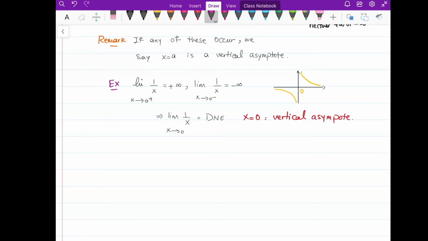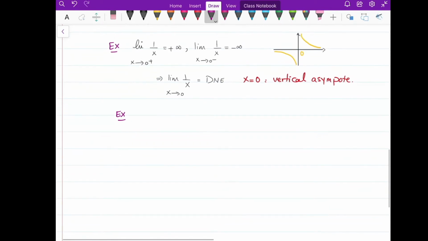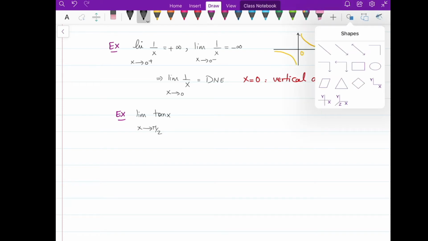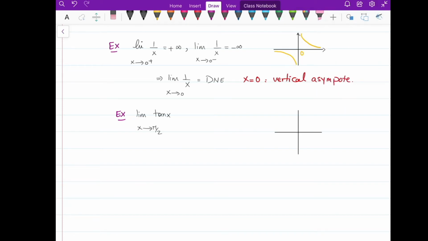Let's look at another example. For example, the limit of tan of x as x goes to pi over 2. Let's look at the graph of tan of x. X, y. So pi over 2, the graph of tan is like this.